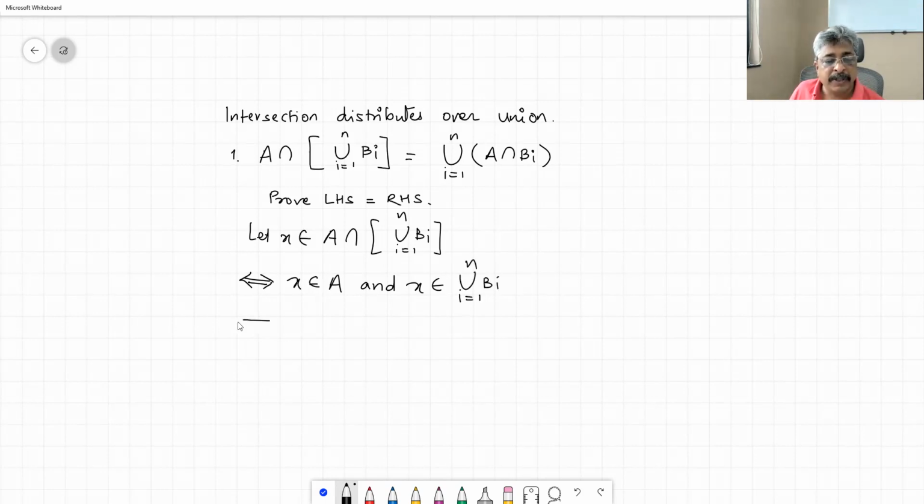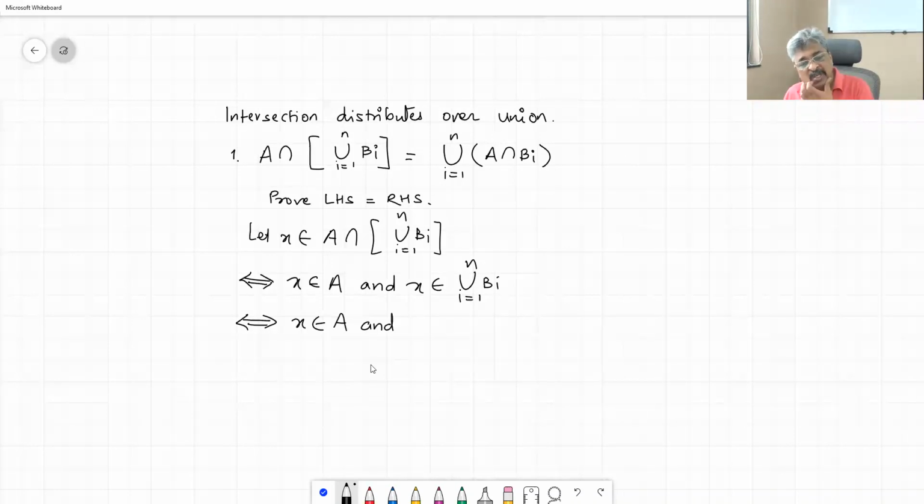Okay. Now we say what is the meaning of union? We keep it as it is. And x belongs to union. That means x belongs to B_i. What should we write?